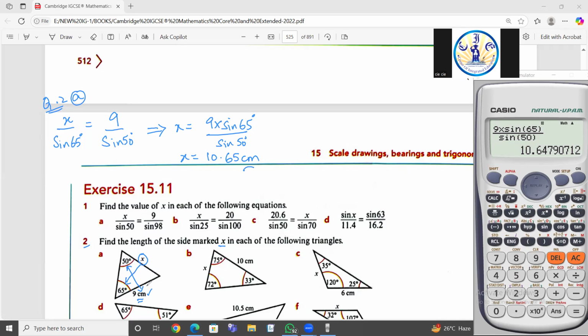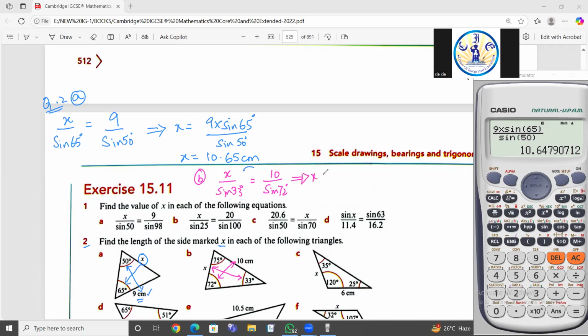Now for part B, x is opposite to the angle 33 and angle 72 is opposite to the side 10 centimeters. So x divided by sine of the angle 33 degrees equals 10 divided by sine of 72 degrees.